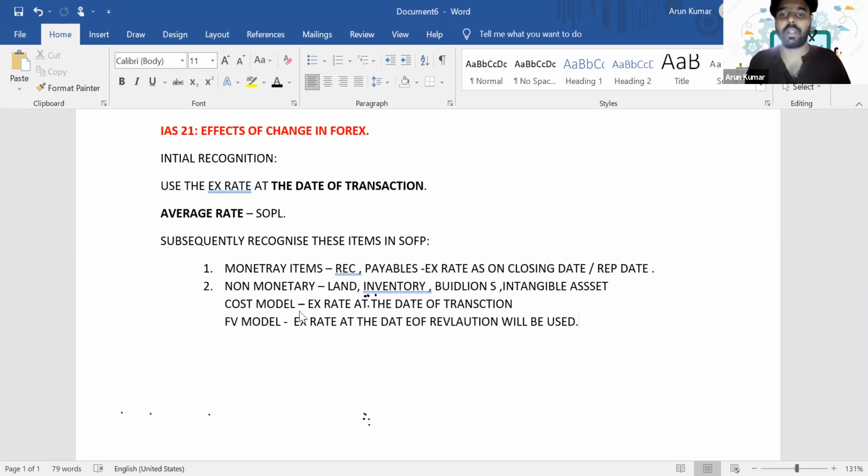Okay. Now the question here is, if any gain or loss happens with respect to the exchange rate movements, where will you consider it? Where will you account for it?